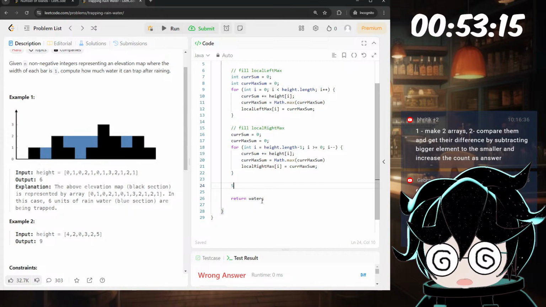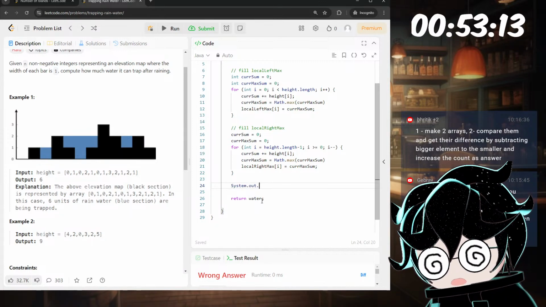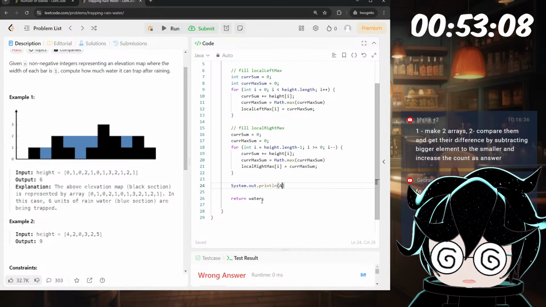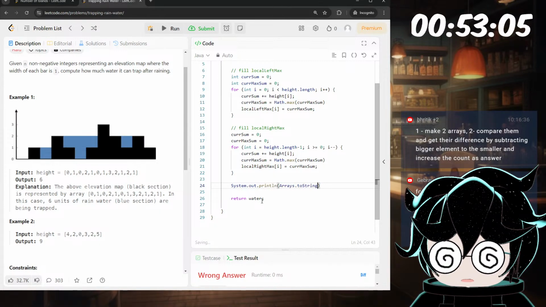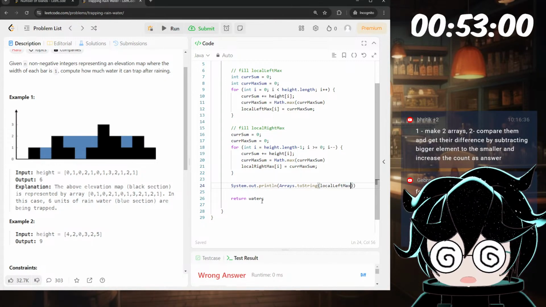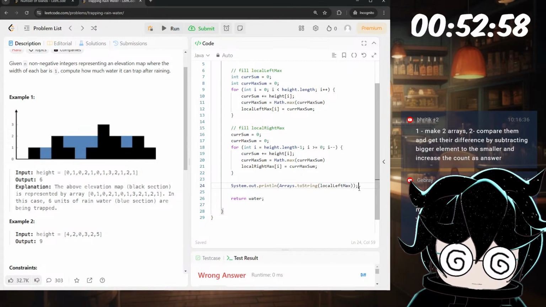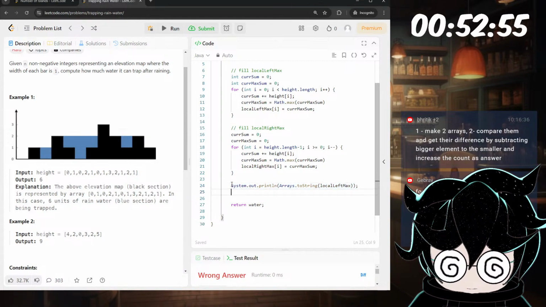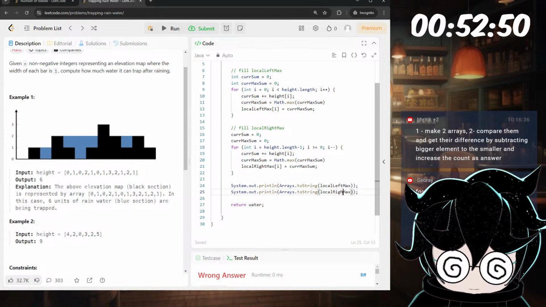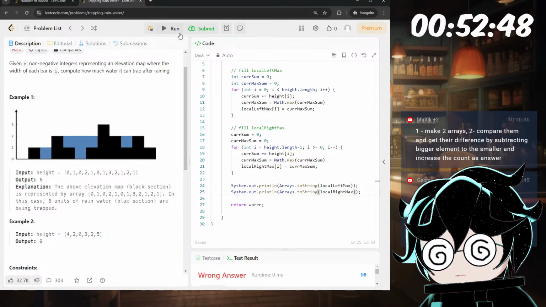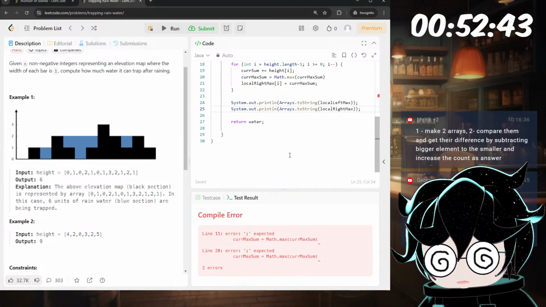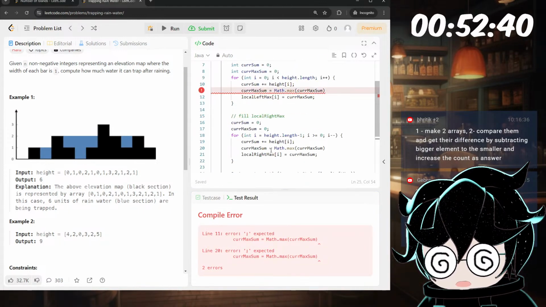Should we do a sanity check? Print these out. System.out.println. Let's print the left one first. Arrays.toString, local left max. And local right max. Let's see if our prefix and suffix sums are correct. Where is this? Line 11.